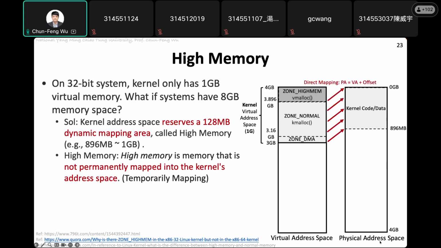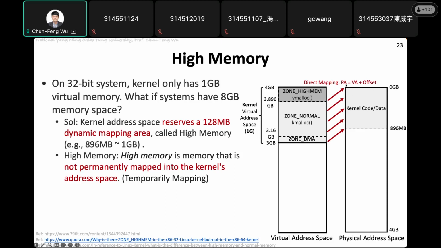In the physical address space, it is possible to directly map this to the 896 MB area, right? Because if you still remember, no matter which user process, their top 3 GB to 4 GB are all for the kernel. So all different user processes map their top 1 GB to the same area. So there's no problem doing this kind of static mapping, or we call it direct mapping.